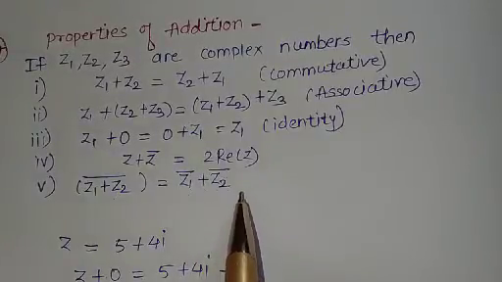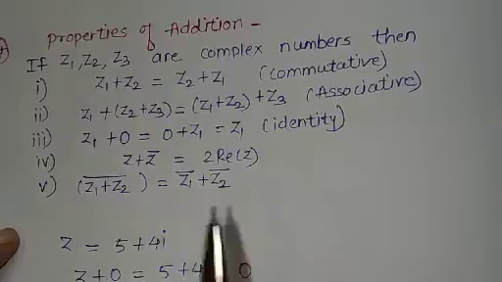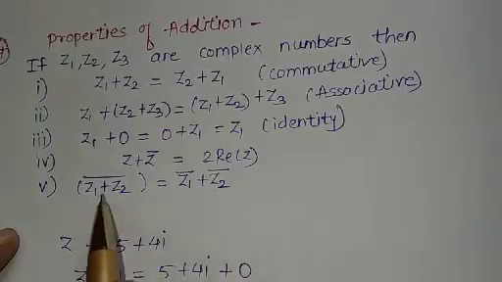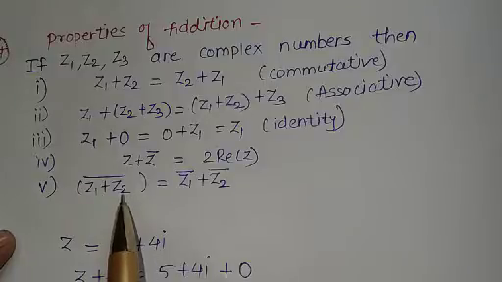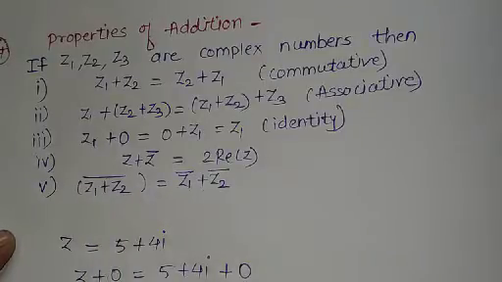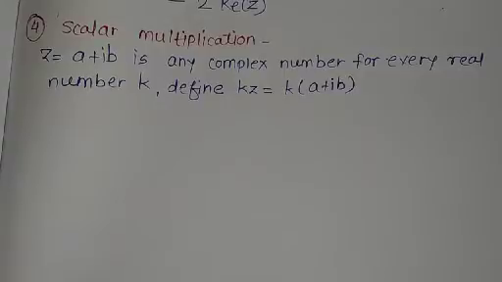You can verify this property by taking values of complex numbers z1 and z2. Now we'll see the next operation, that is scalar multiplication.